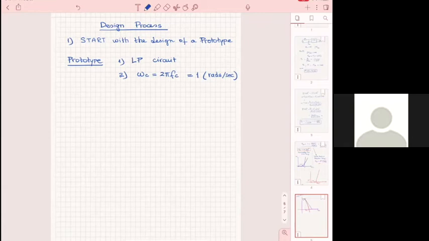Then we assume that the prototype, that filter, that circuit, is terminated at a load which is 1. I will put here ohms, but as I said, I would like to put some reality to this and put the units the right way, but the units are not important because you will see later why. Practically, they're like numbers.